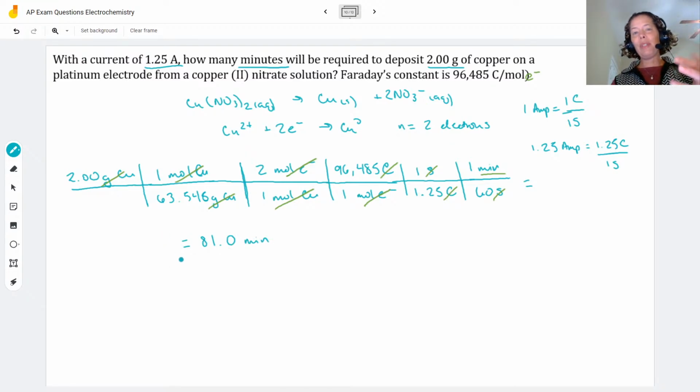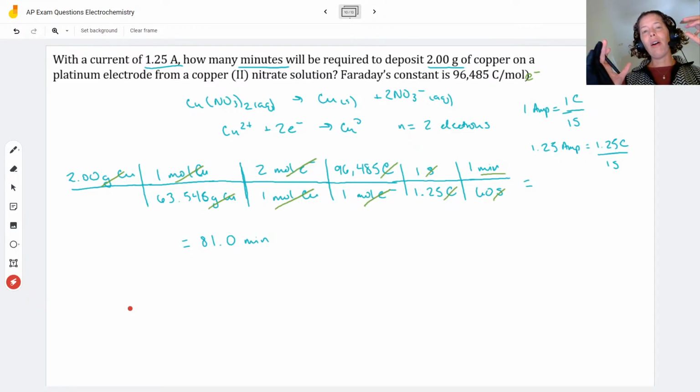So I know that sometimes these electroplating problems give students trouble because they want like an equation to plug into, but these are almost always going to be just some kind of dimensional analysis problems. So what you really need to think about are the units you have and the units you want to get to.